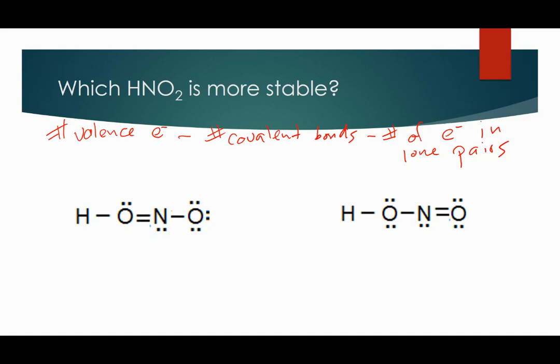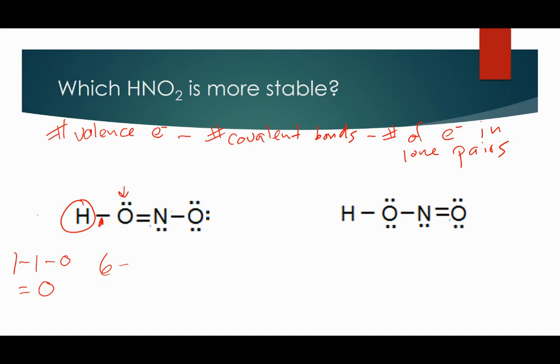Let's start looking at hydrogen. We have one valence electron available with hydrogen. We have one covalent bond, and we have no electrons in lone pairs. So the formal charge over this entire atom is 0. If we're looking at our first oxygen, we have 6 valence electrons available.